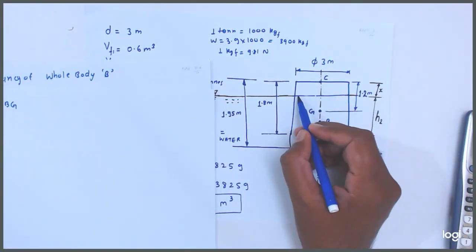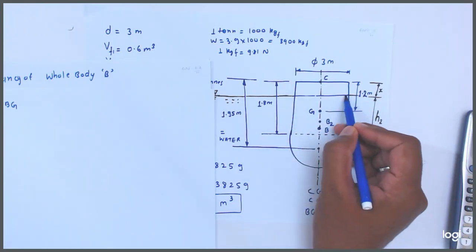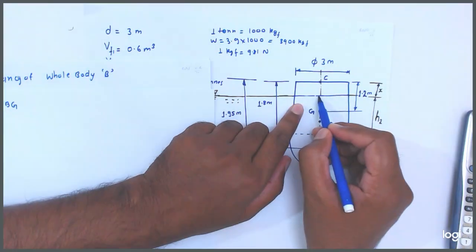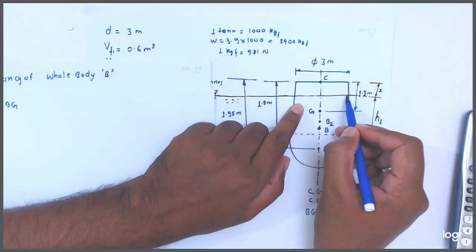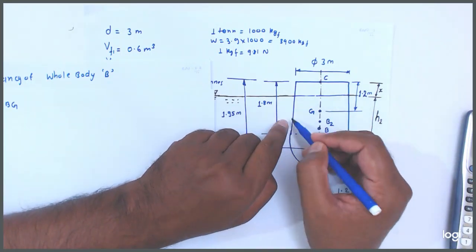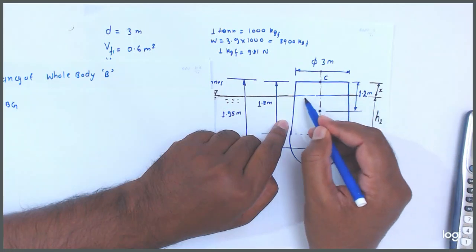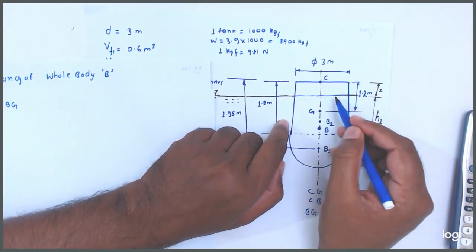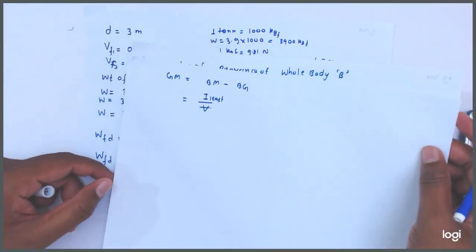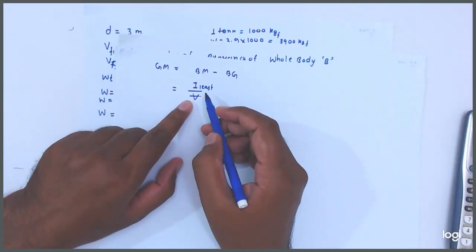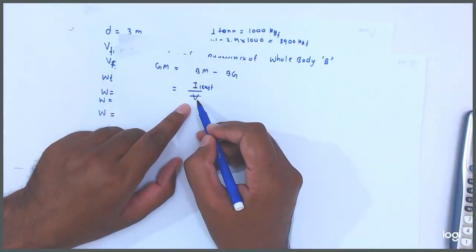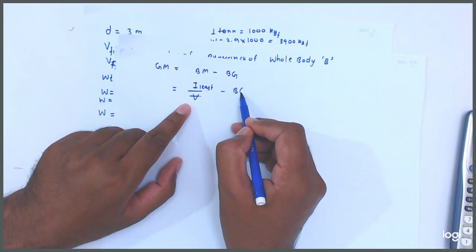It means whatever part of the body touches the surface, we calculate its least moment of inertia, and we divide by the volume displaced. So GM is I least upon volume of fluid displaced minus BG.